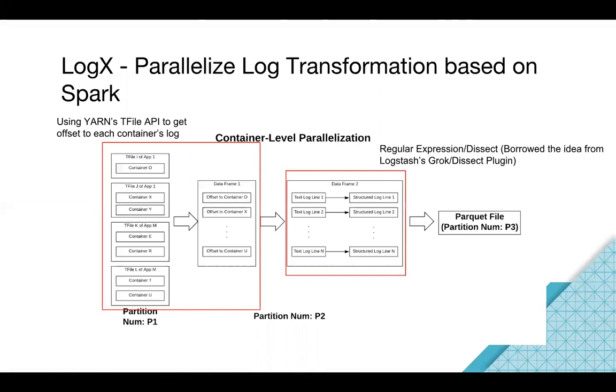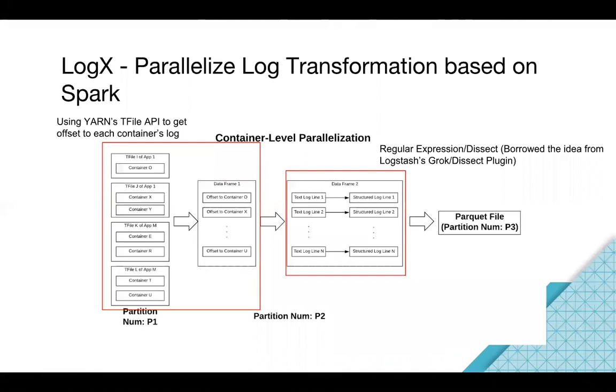And this transformation is done by 2 approaches. The first approach we adopt is regular expression matching. And the second one is for some fixed formats of logs, where we just dissect the string because the format of the log is well known. Then we know which part maps to which field.